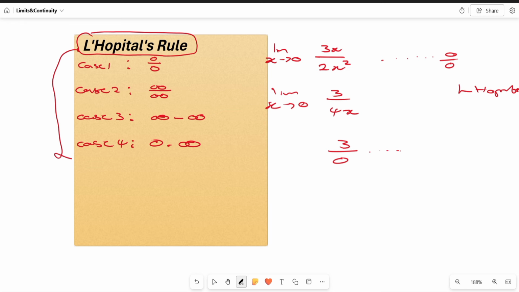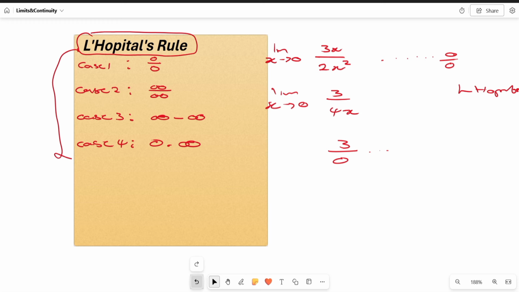This is infinity, and you can leave it like that, because when you're dividing by 0, your answer is undefined and it's big. Remember, I already explained the 0 part. So this is going to be equal to infinity. It is correct. That is the first case. You just need to derive both of them, the numerator and the denominator. And then, sorry, second case.